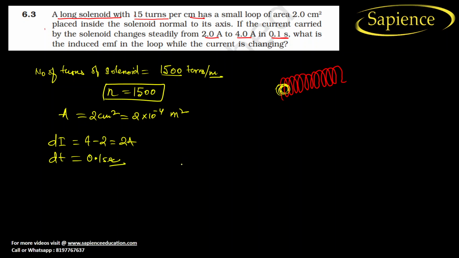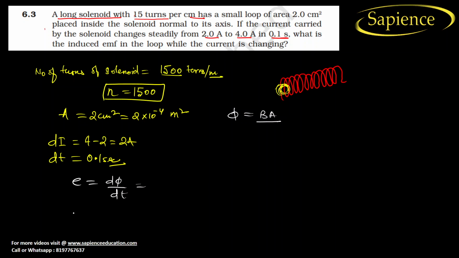Got it? Now induced EMF, we need to find the induced EMF. So induced EMF, that is E, is equal to d phi by dt, right? Now just to solve this one, d phi. So first of all tell me how to find the change in flux. Flux means magnetic field strength into area.